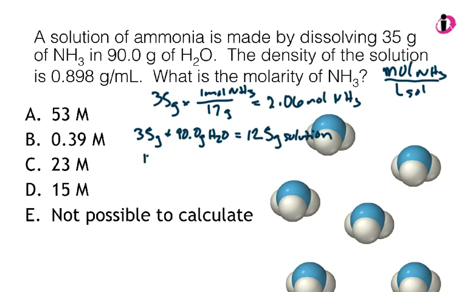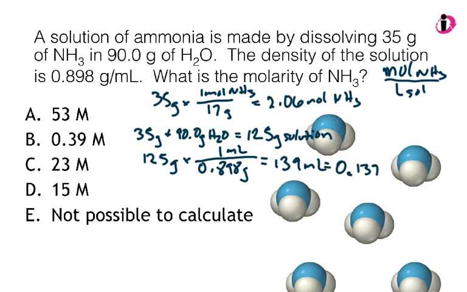Then I can take my 125 grams times my density, 0.898 grams in a milliliter, and find that I have 139 milliliters, which is 0.139 liters.